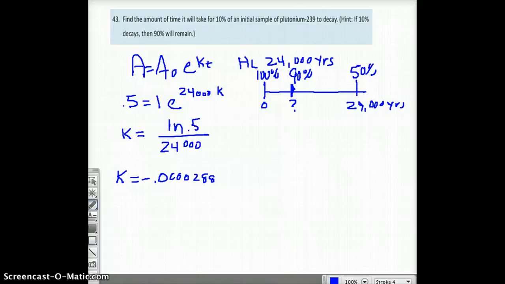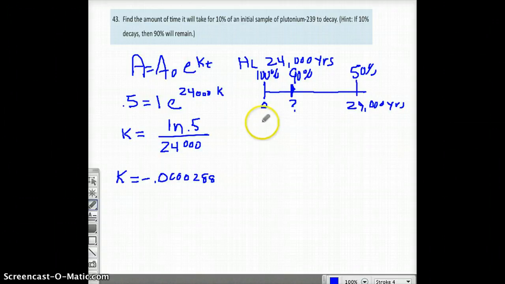Keep that in mind. We're going to start off with this model. We're going to use the information to find K, and I found K is negative 0.0000289.